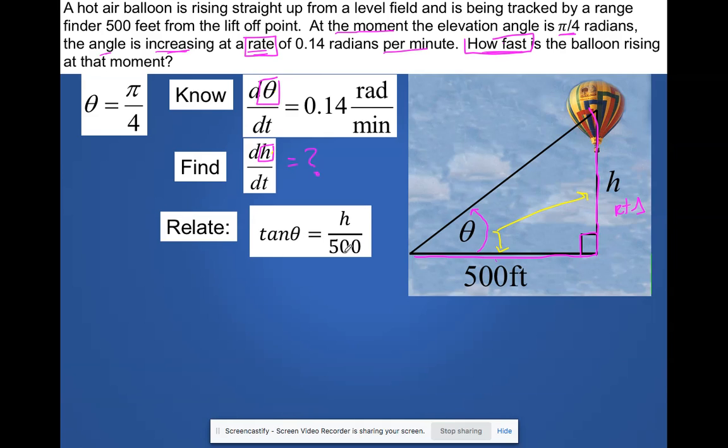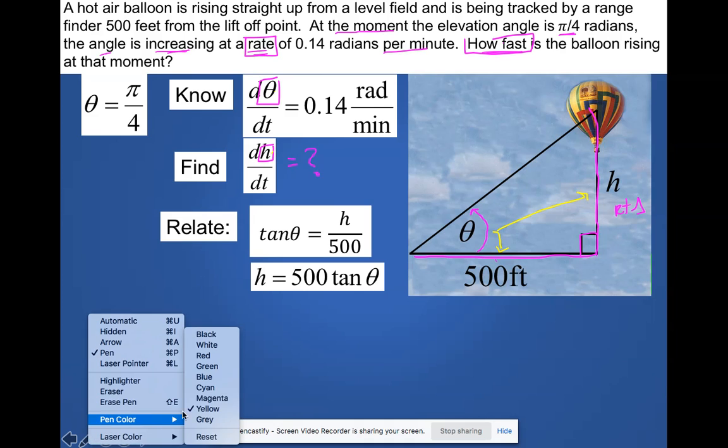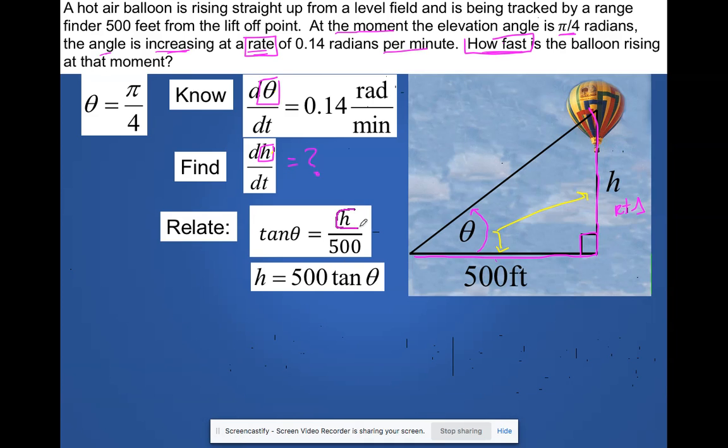SOH CAH TOA. Now you don't have to get h by itself, but I did, because I knew I was trying to find dh dt. So there was my h. I made an equation with h by itself so that when I did the differentiation, the left side would be dh dt, what I'm trying to find.